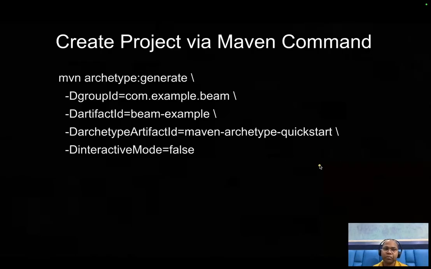So let's talk about how you can write the code, write the pipeline, how to run it, and what the simplest way is. Here I am just going to demonstrate, from scratch.